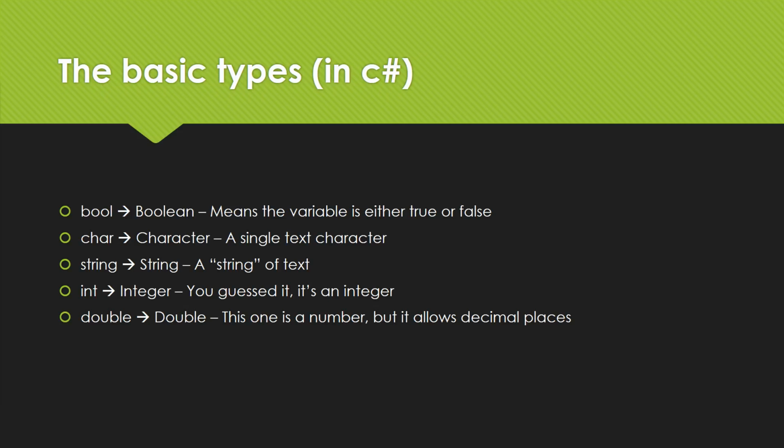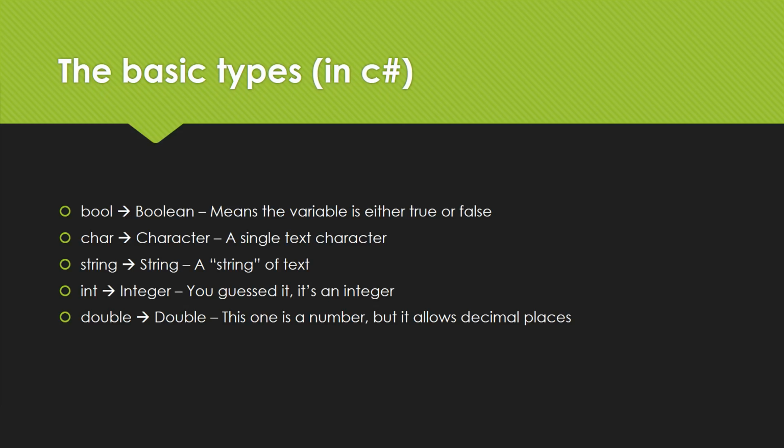So a boolean means that the variable is either true or false. An easy way to think of this is whether it's night or day outside. It's one or the other. It can't be both, unless you include the edge case where it's dawn or dusk, but let's pretend those don't exist. So character, or char, is just a single text character.